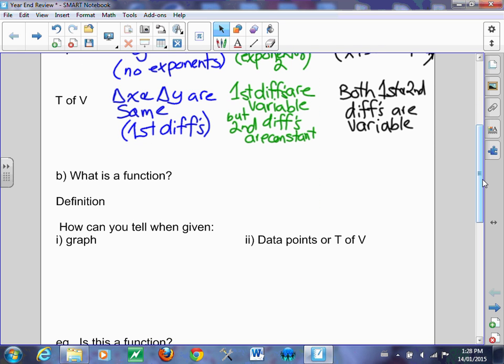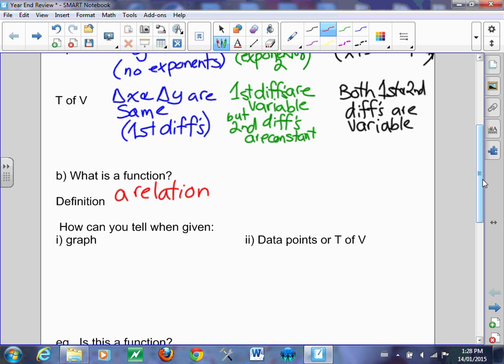All right. B, what is a function? Okay, well, it's the definition. First of all, a function is a relation, and most of you are going to say where it passes the vertical line test, but we've got to take a look at what makes it pass the vertical line test. So that's not the definition, but that's a rule we use to test it, okay?